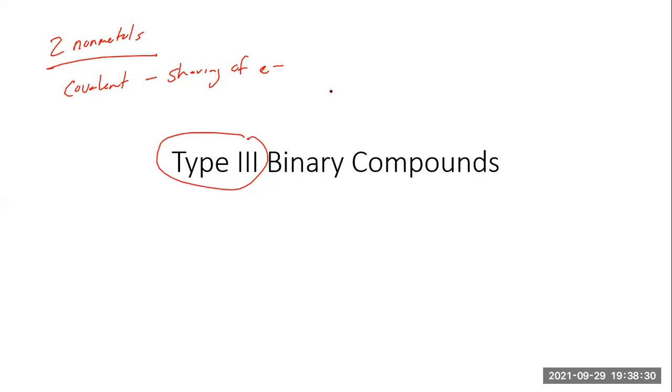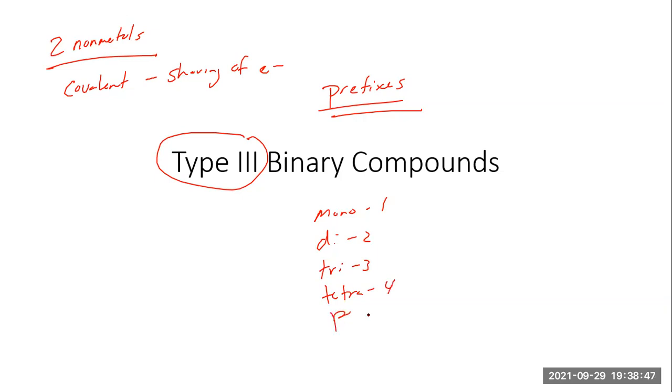So with type 3, non-metal naming, this is the appropriate place to use prefixes. Things like mono is 1, di is 2, tri is 3, tetra is 4, penta is 5, hexa 6, hepta is 7, octa is 8, nona is 9, and deca is 10. So we do use these prefixes.